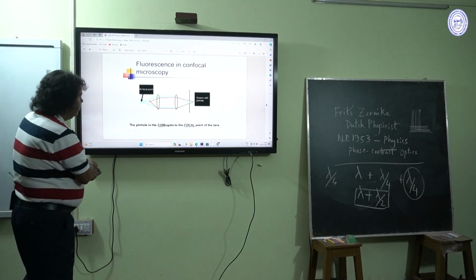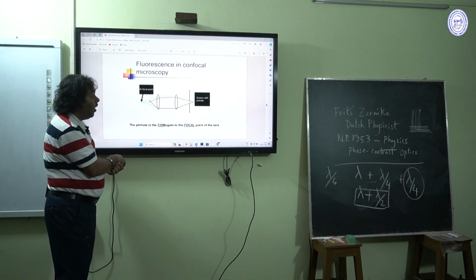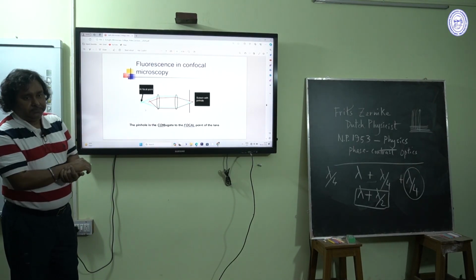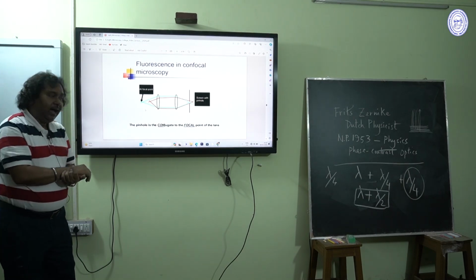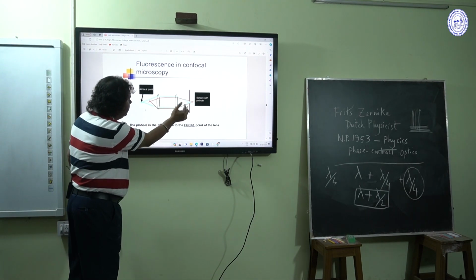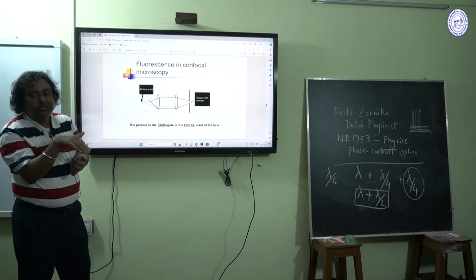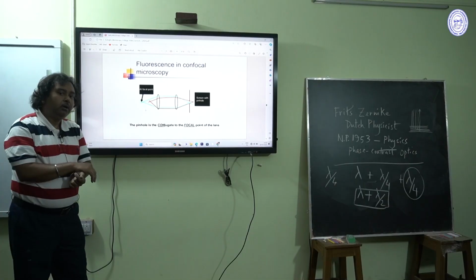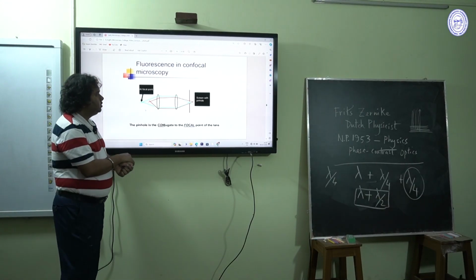Only the light that has its focal point at the pinhole passes. Other light, like the red light, whose focal point is not on the pinhole, will not pass.